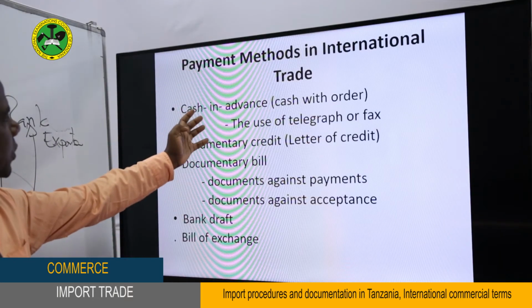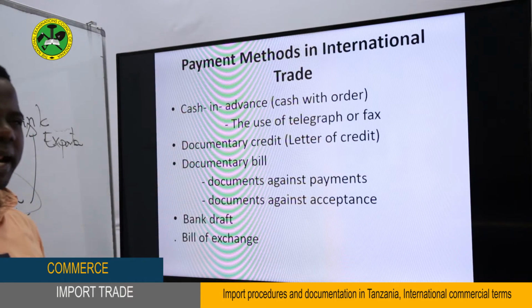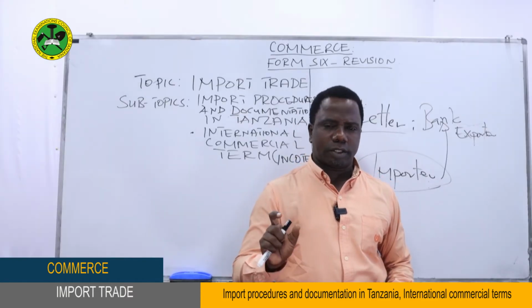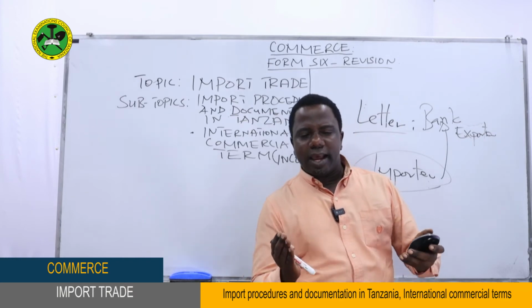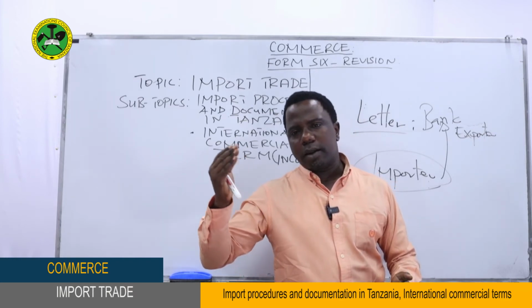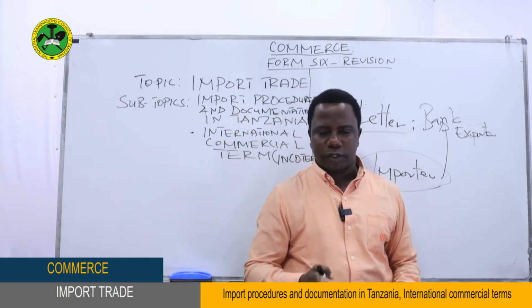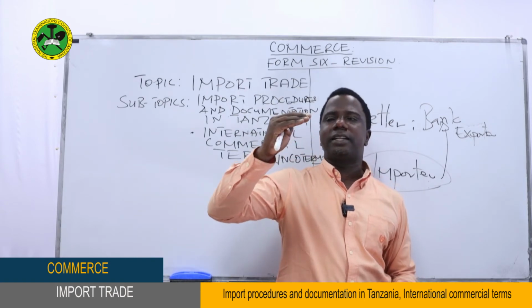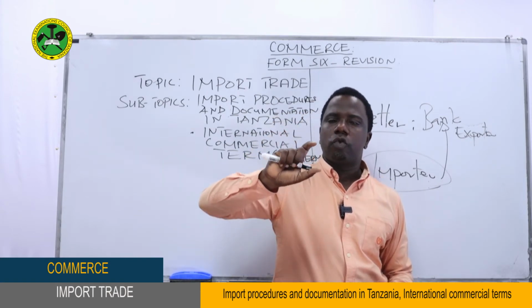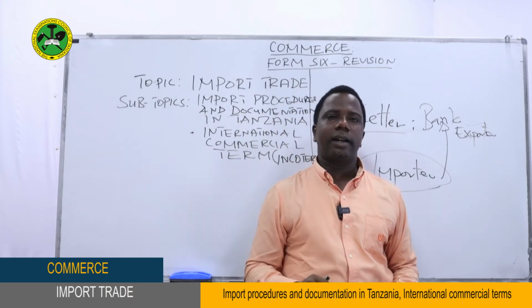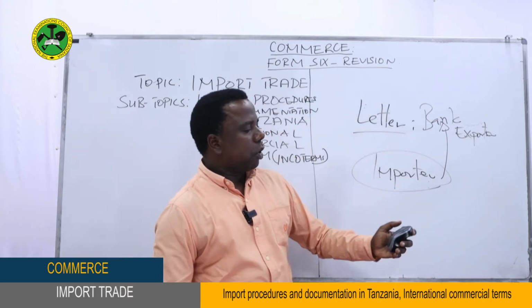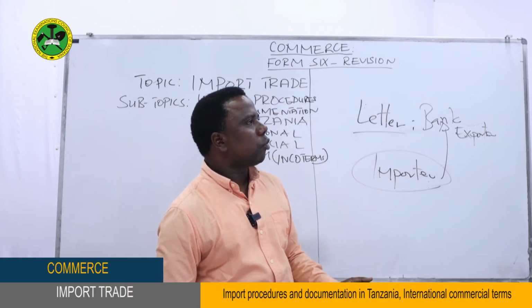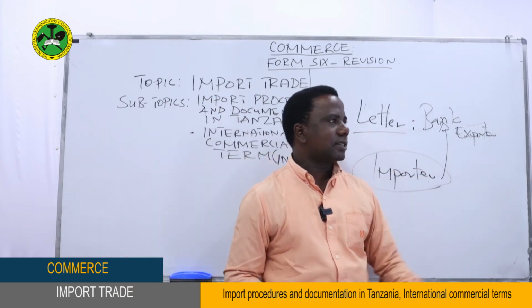So all these ways you have to analyze on each method. You show the level of risk to importers and exporters, or you show the advantage of each method to the exporter and to the importer. So that is how that question can be answered.